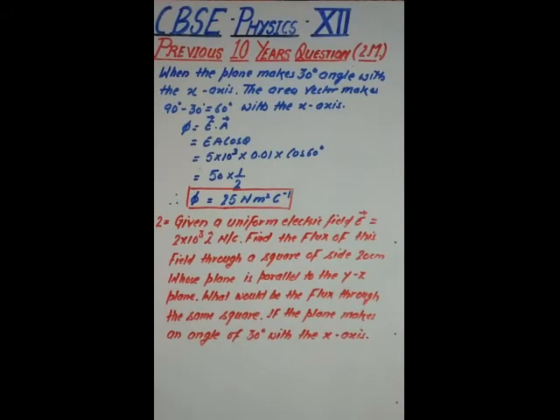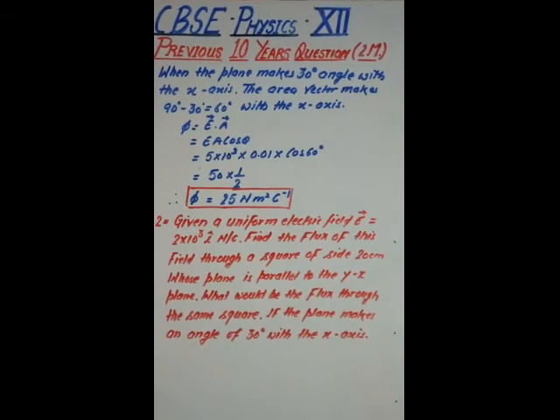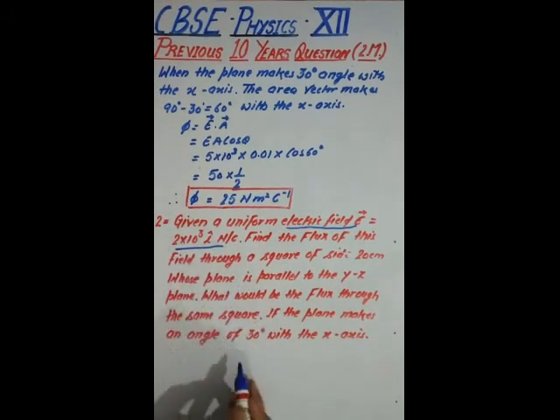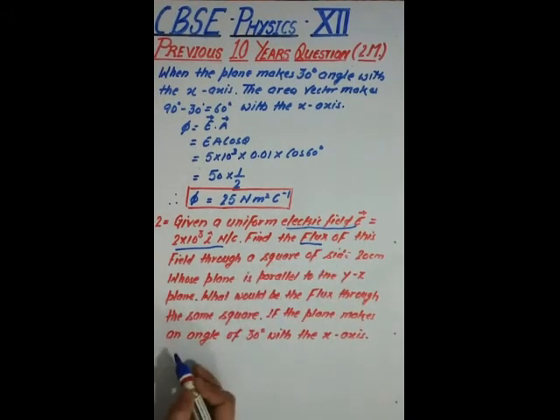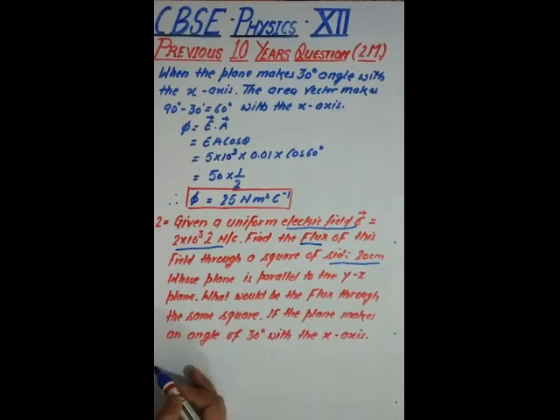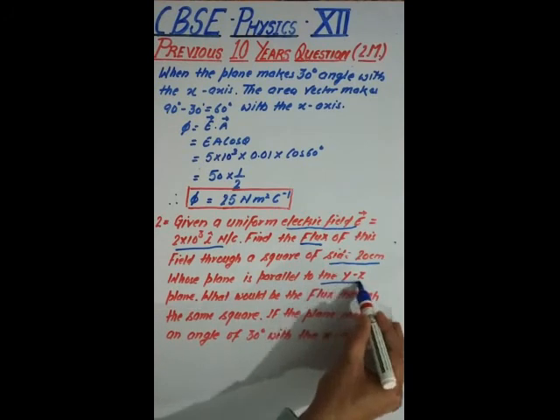Given a uniform electric field, E vector equals 2 into 10 to the power 3 i cap Newton per coulomb. Find the flux of this field through a square of side 20 centimeter whose plane is parallel to the YZ plane.